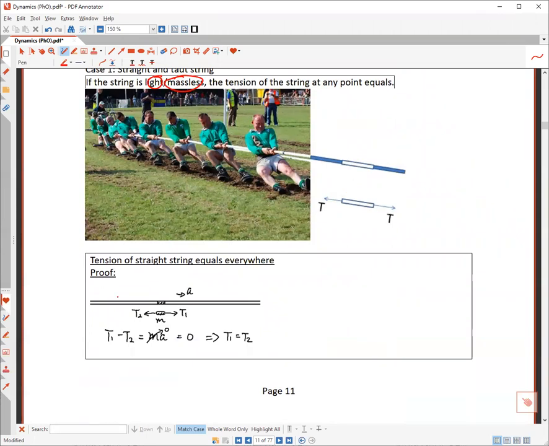And then how can we derive it? In the statement we say at any point, they have equal magnitude. So I draw a string and then I cut out a very small part of the string.